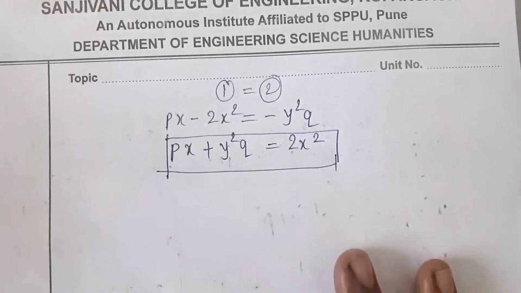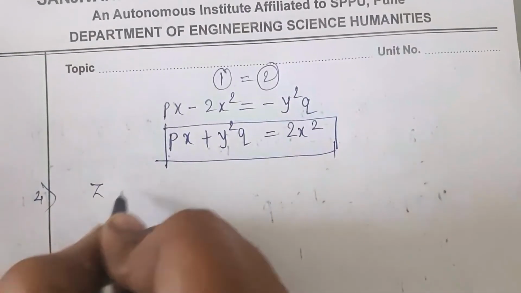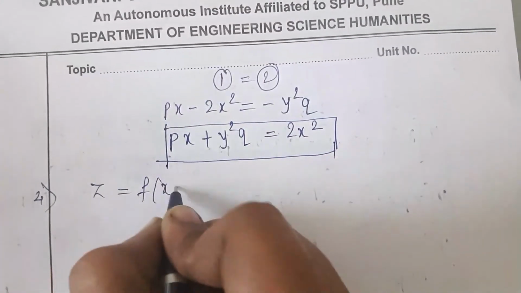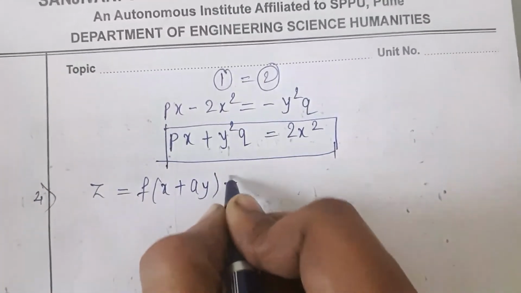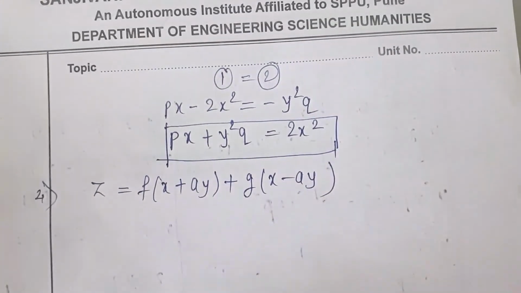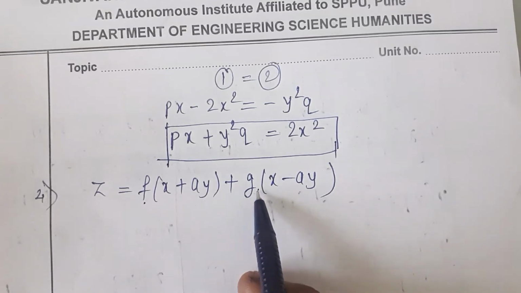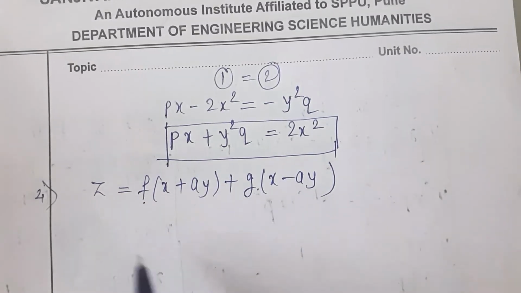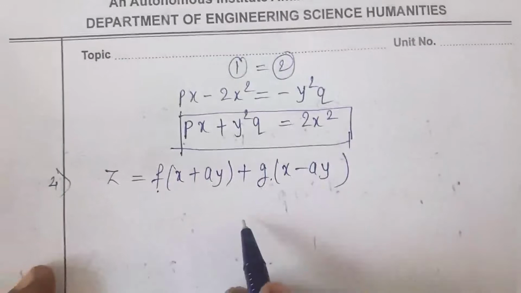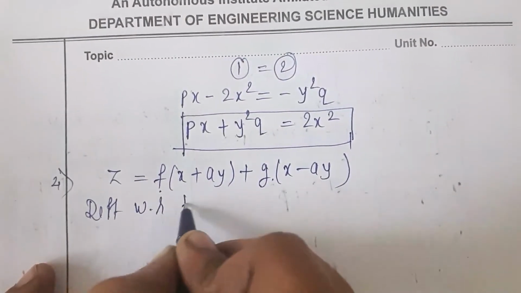Now the fourth question is z is equal to f of (x plus ay) plus g of (x minus ay). Here, if we observe carefully, we have two arbitrary functions, so we get a partial differential equation of higher order. First differentiate with respect to x.